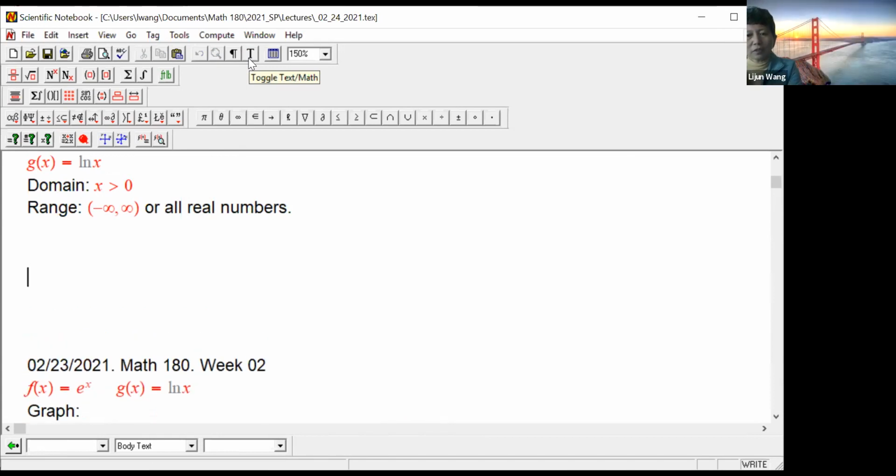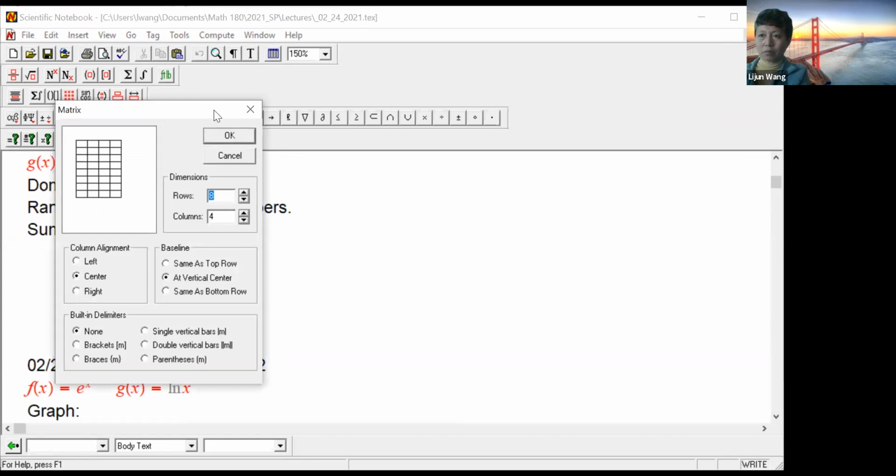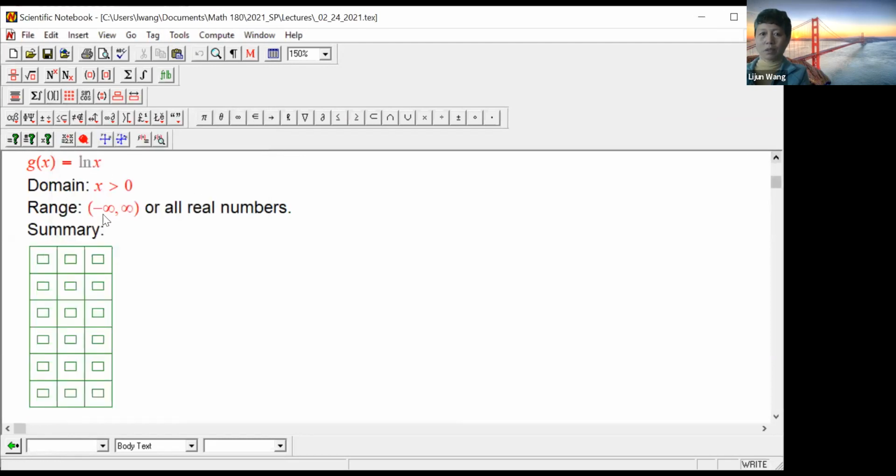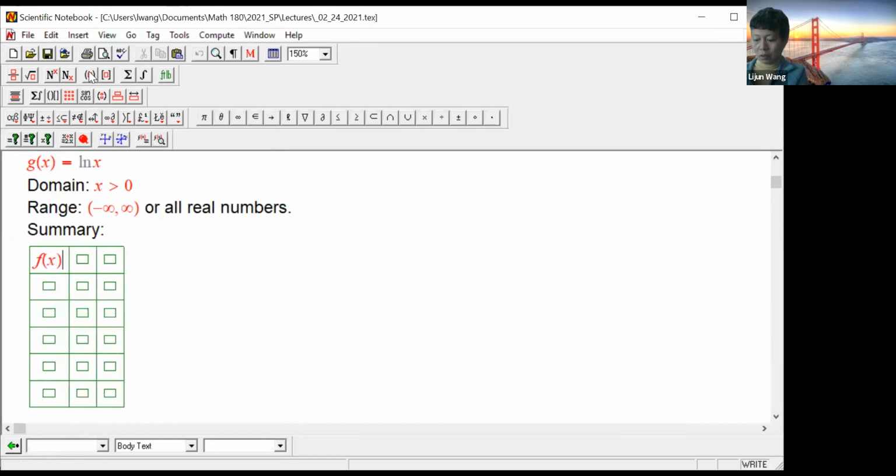Shall we summarize what we've done today so far before we move forward? How about x-intercept, y-intercept? That's one thing we haven't touched, but what we have done, okay, I'm going to put a summary table together. And then we're going to put all of that information together because we want to make sure we understand everything. Okay, one is f of x equals e to the power of x.